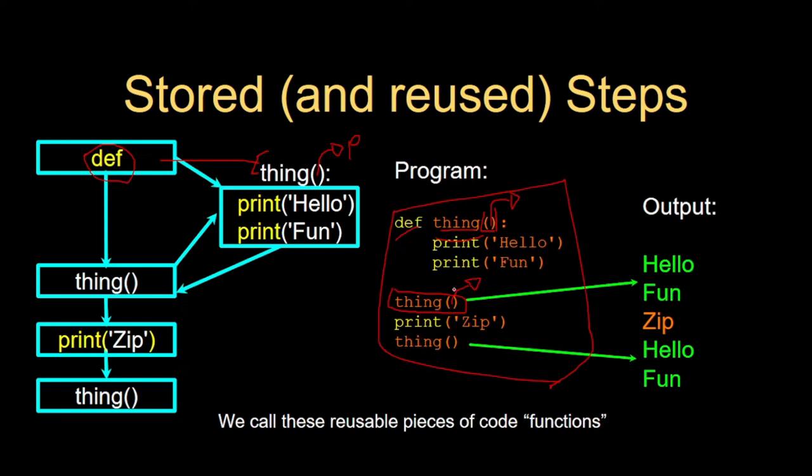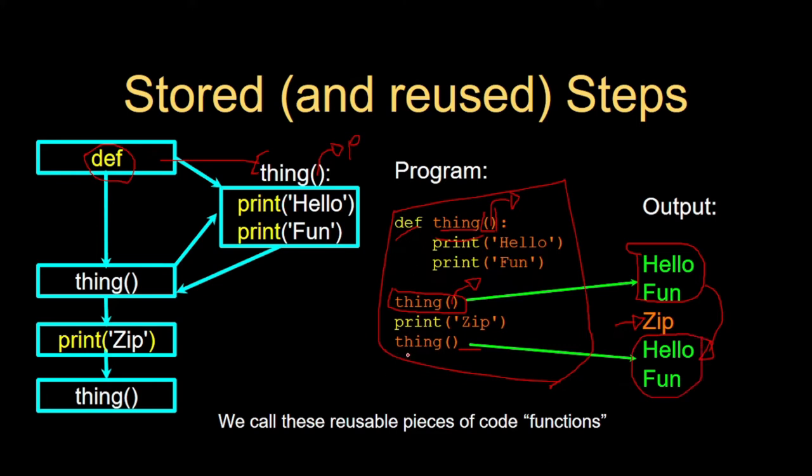Print zip thing. So when we execute this function, the output is: hello fun, zip, hello fun. That means when you call this function, the two print lines of code output is printed, then the string zip is displayed. Then the function name thing is called again here, and the function is executed two times.